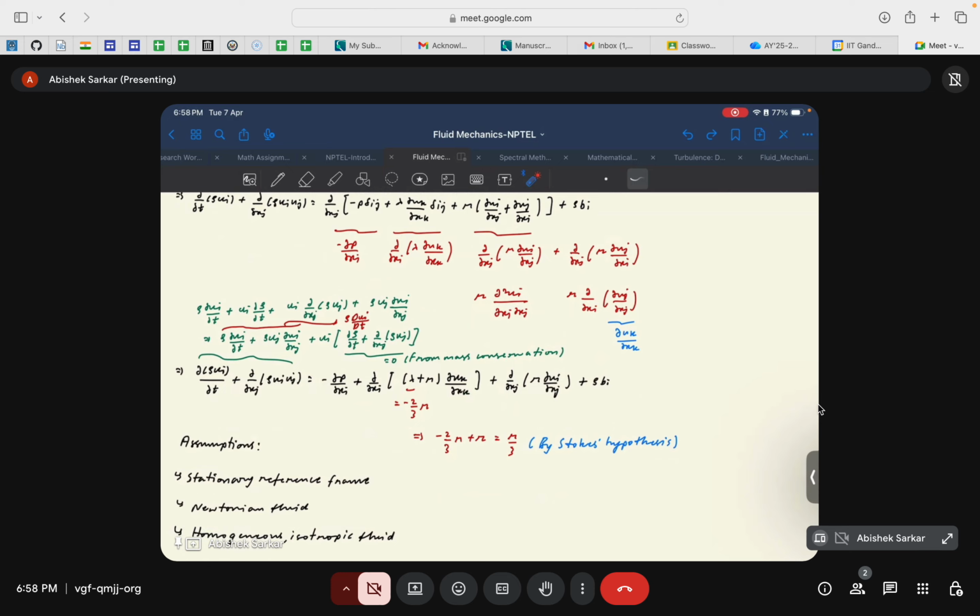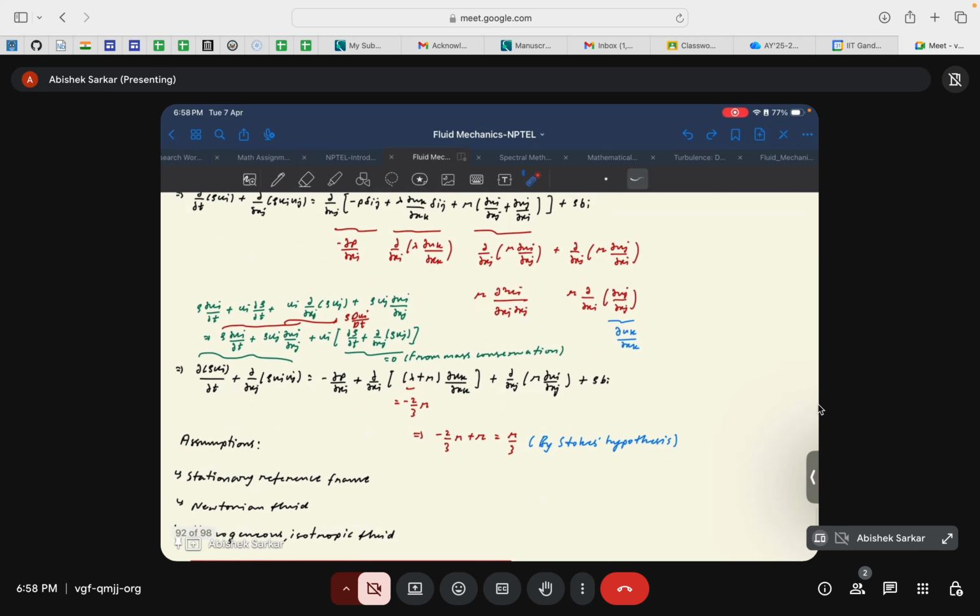Once you do that, the equation can be further processed. The left hand side remains the same, so I will not discuss it again. But on the right hand side, you had ∂p/∂xi, that is this term. Then you will see that the volumetric deformation term, ∂uk/∂xk, is there in both of these terms.